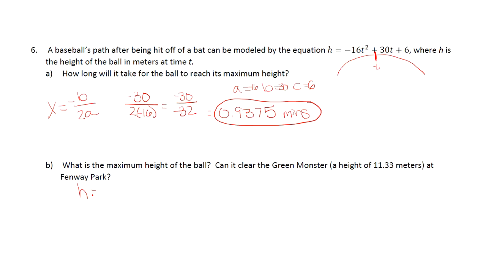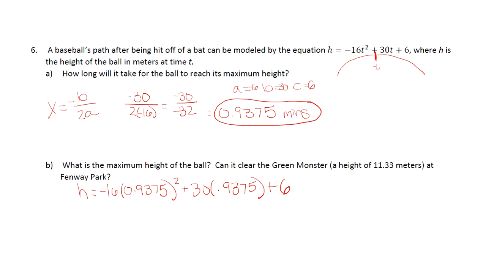So my height has to equal negative 16 times my t, and my t is the time here. So 0.9375 squared plus 30 times 0.9375 plus 6.